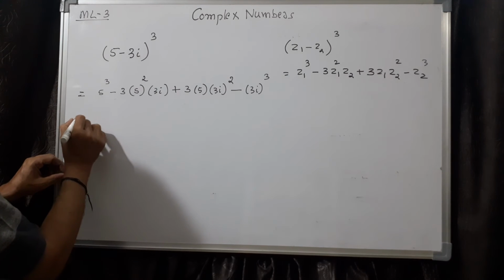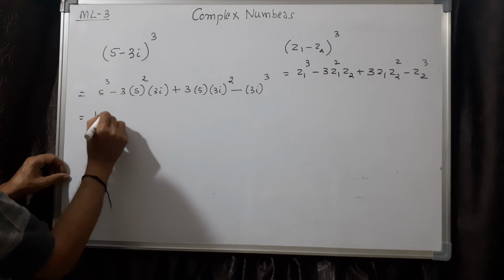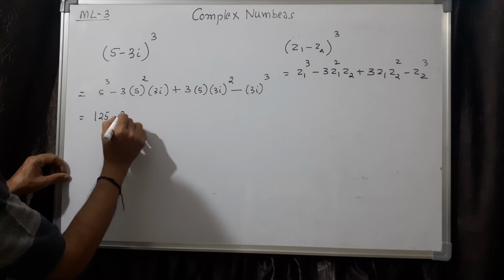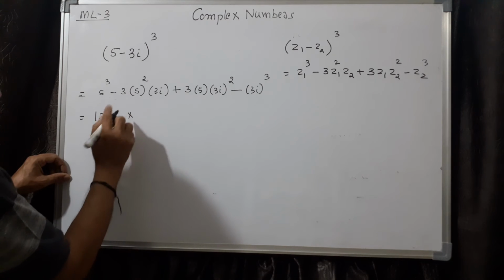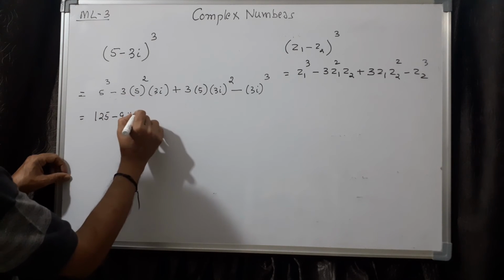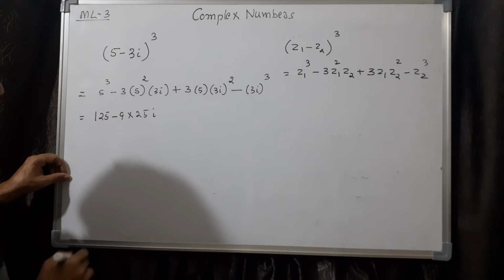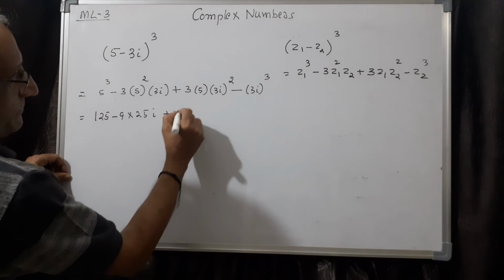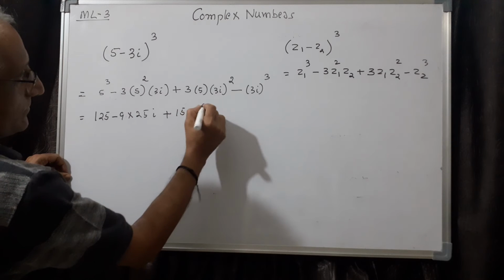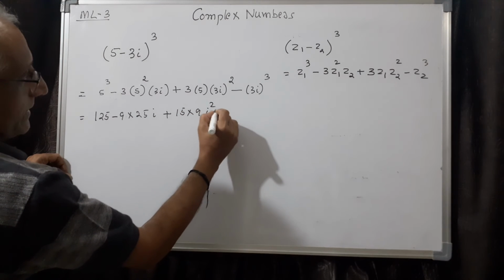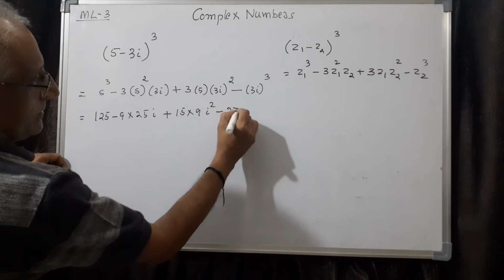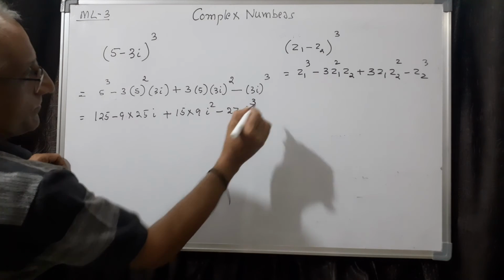Now simplify: this is 125, then minus 3 into 9 into 25i, then here it is 15 into 9 i square minus 27 into i cube.